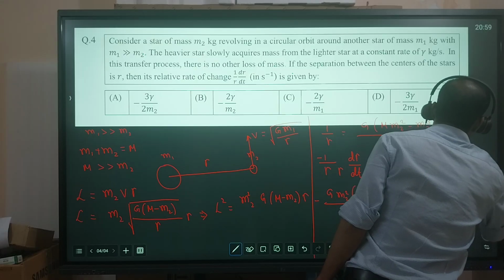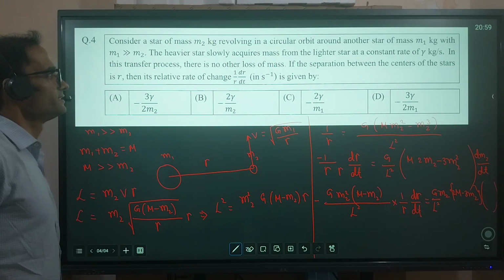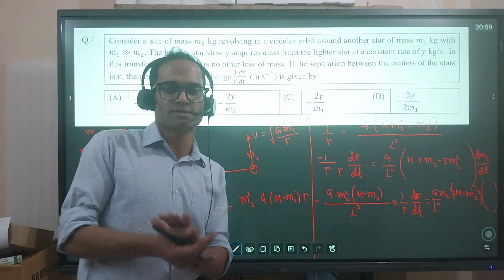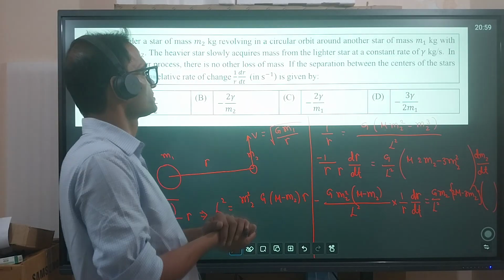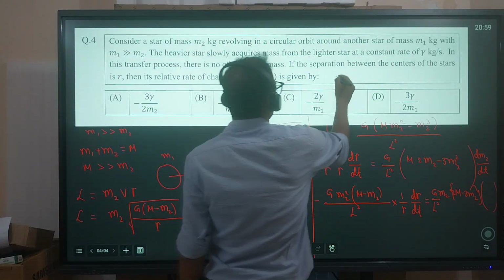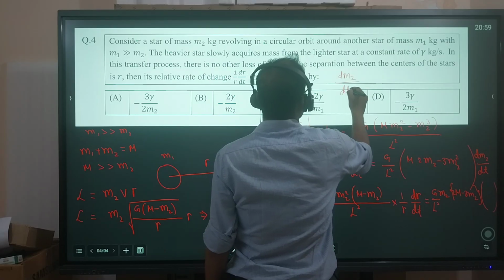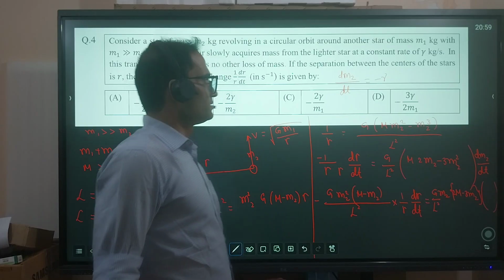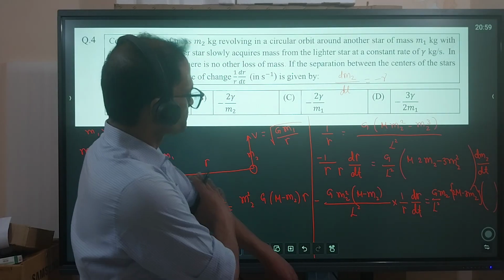That one thing is dM2 by dt. What is dM2 by dt? See, heavier mass is gaining the mass and lighter mass is losing the mass. So dM2 by dt will be actually minus gamma, right? And dM1 by dt will be plus gamma.